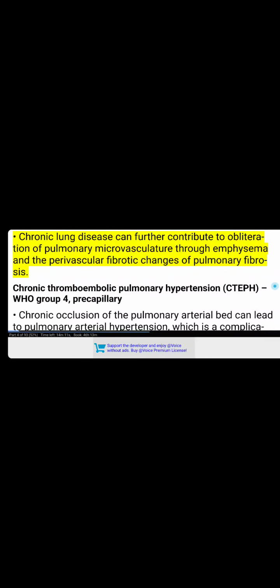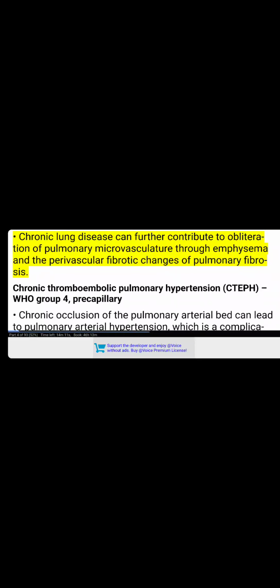COPD, sleep apnea, and interstitial lung disease can all lead to pulmonary hypertension. Chronic hypoxic vasoconstriction is thought to invoke vascular remodeling leading to hypertrophy of pulmonary arterial vascular smooth muscle and intimal thickening. Chronic lung disease can further contribute to obliteration of pulmonary microvasculature through emphysema and the perivascular fibrotic changes of pulmonary fibrosis.